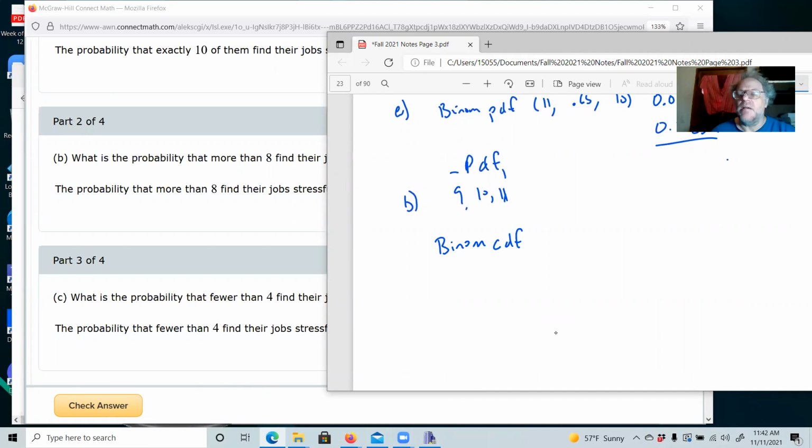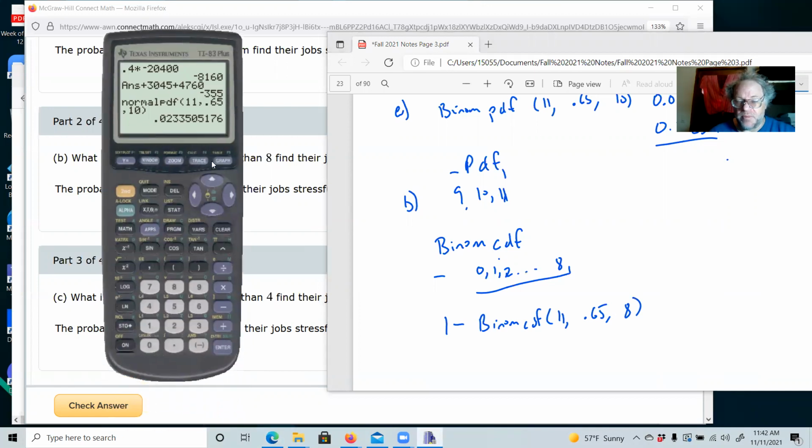Binomial CDF counts from 0, 1, 2, up to a certain number. If they wanted more than 8, we plug in 8 here because we're going to subtract this off. When it says more than, we subtract it off. So it's 1 minus binom CDF, 11, 0.65, going up to 8. On quiz 4, that was probably the most missed thing; people had a hard time with this.